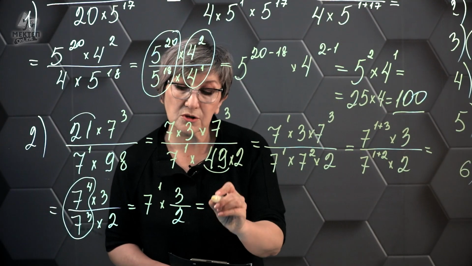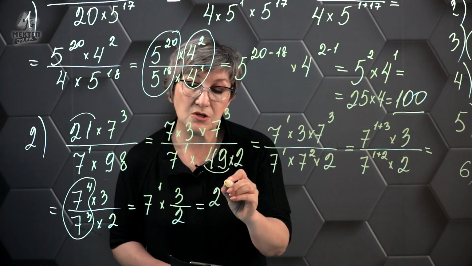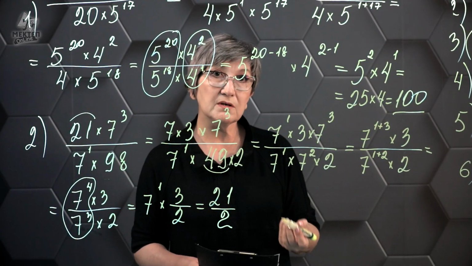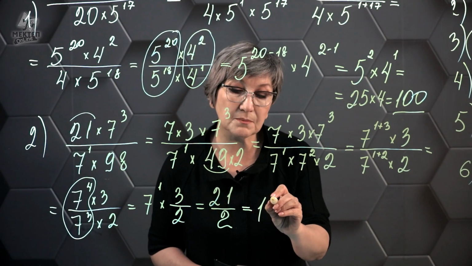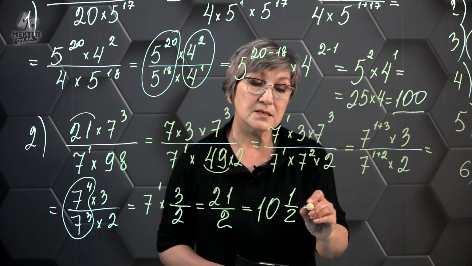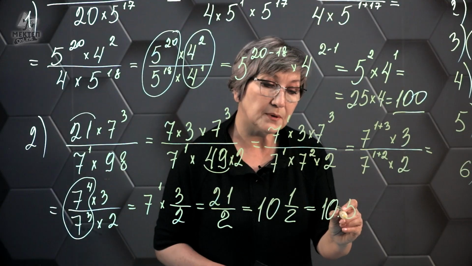As a result, we have the answer 7 times 3 over 2. We can find the value of 21 over 2. We can leave this answer as an improper fraction, but let's take out the whole part and write 10 and 1 half, or write it down as a decimal. That's 10.5.